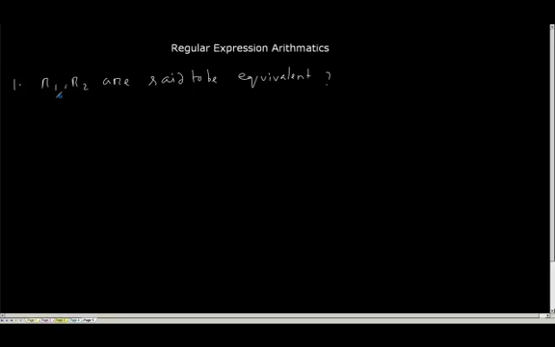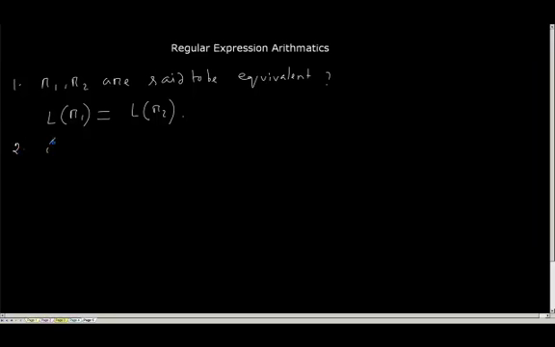If the language represented by R1, that is L of R1, is the same as L of R2. Okay. So then we say that R1 and R2 are equivalent. So there are certain equivalence relations. Let me first write it down.